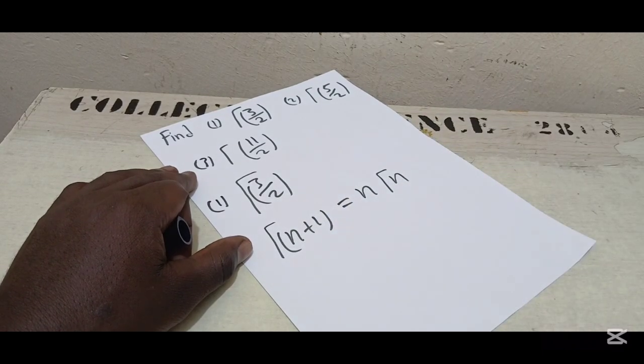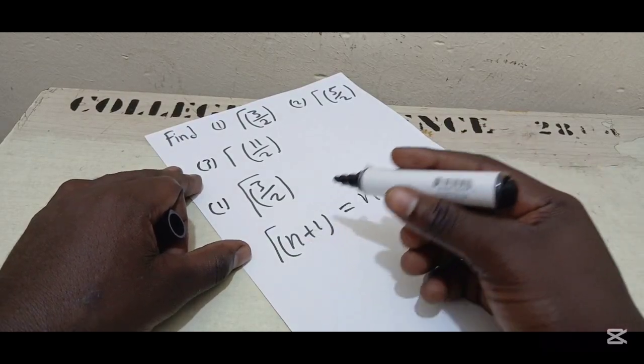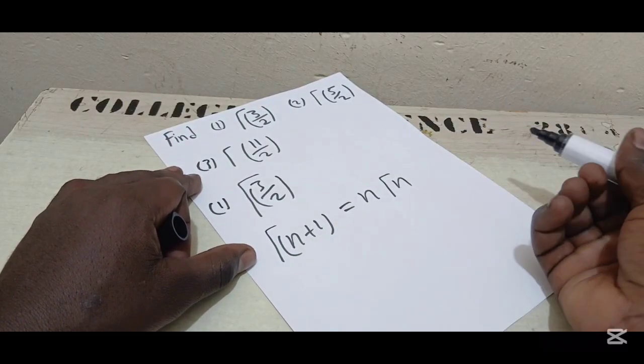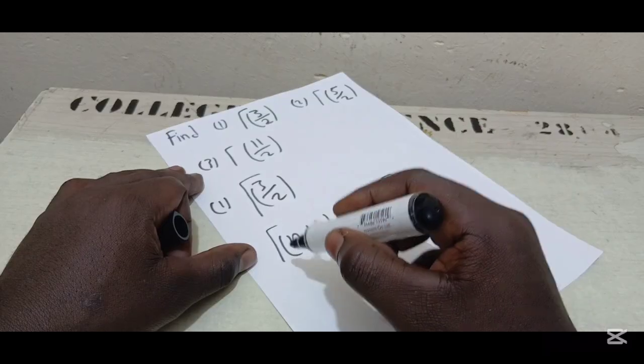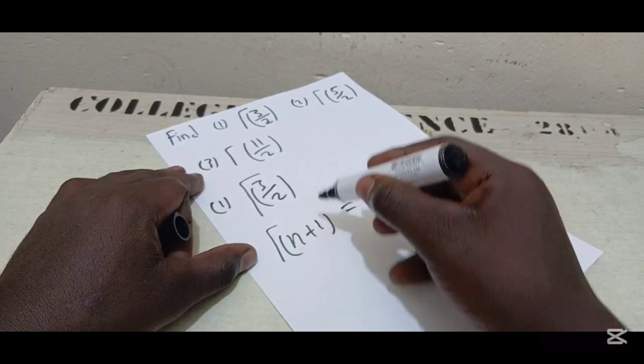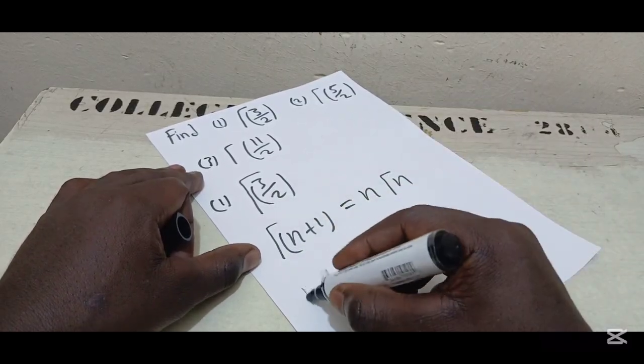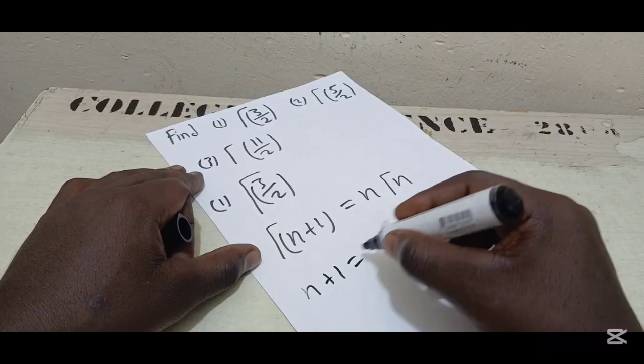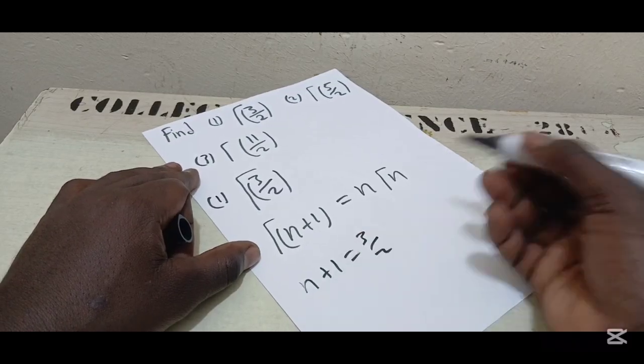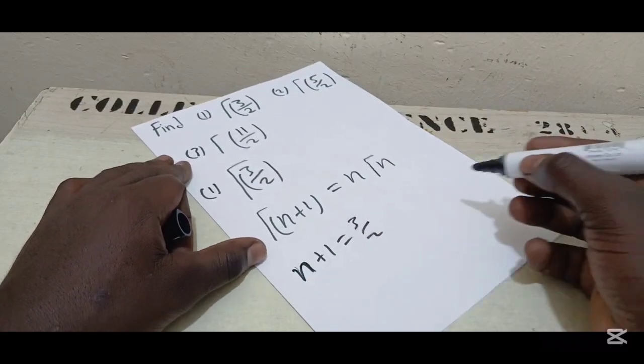If you can guess the number and it is right, then you are okay. If you don't want any trouble, you can say n plus 1 gives me 3 on 2. I don't know my n, so let me solve for n.